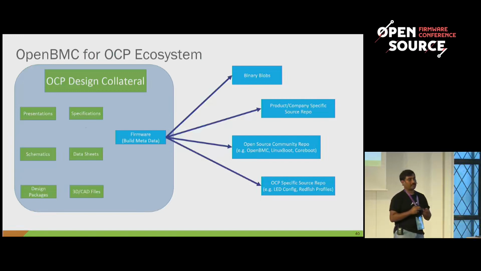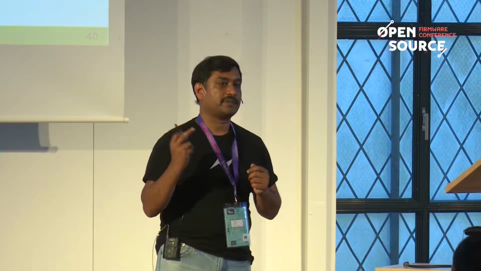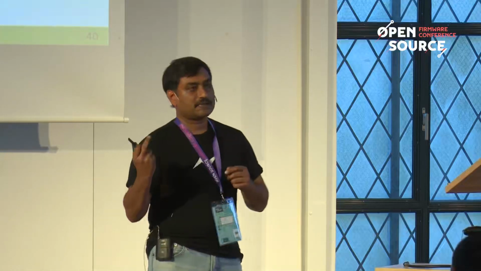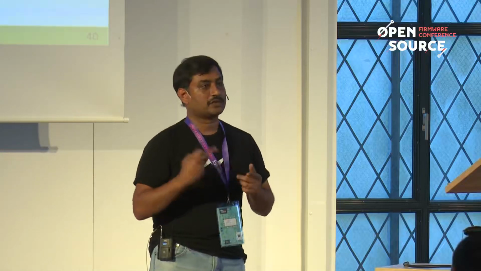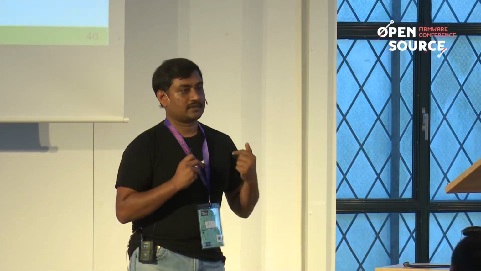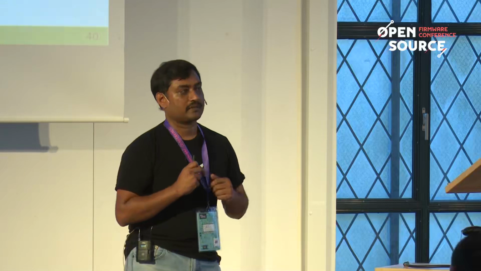Another option is, if somebody doesn't want to open source but still has the code in a company specific repo, we can have a makefile that goes there, picks it up, builds it from that source, and creates a binary. The third option, which is preferred, is coreboot, LinuxBoot, and OpenBMC projects, where you point to the platform and say, use this makefile to get this repo and build it for this platform.